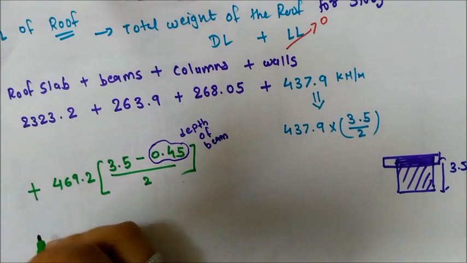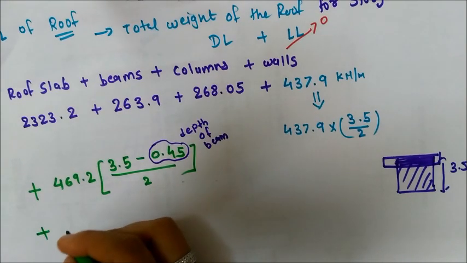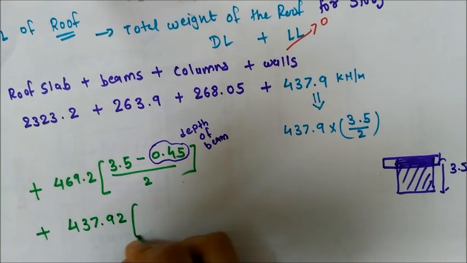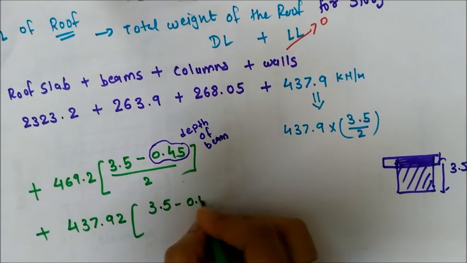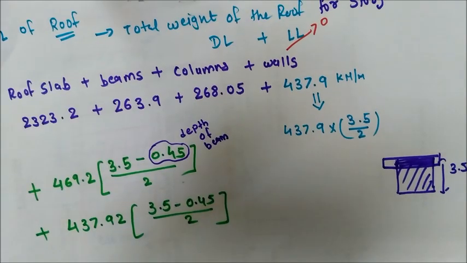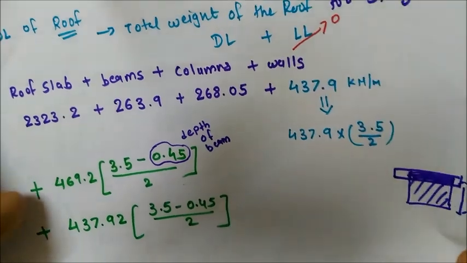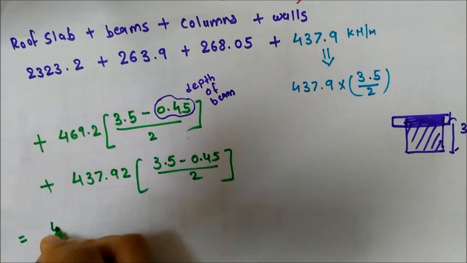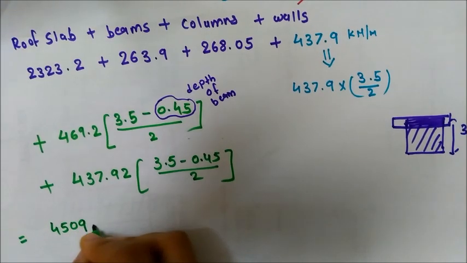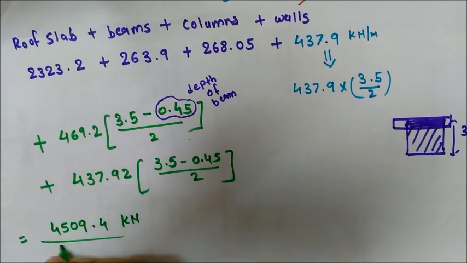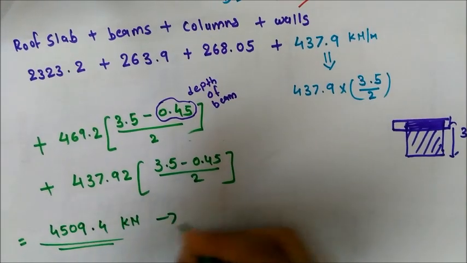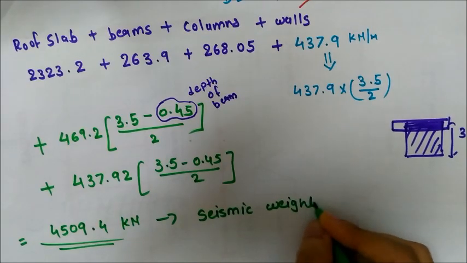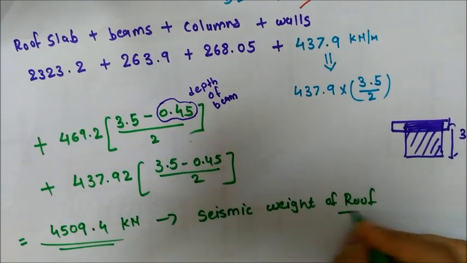The same fundamental is used for the transverse wall, so let's calculate this also: 437.92 multiplied by 3.5 minus the depth of the beam, divided by 2. You just calculate all of these values, and our final result will be 4509.4 kilonewton. So this is the value, or we can say the seismic weight, of the roof of the structure.